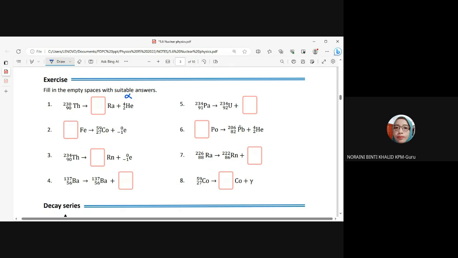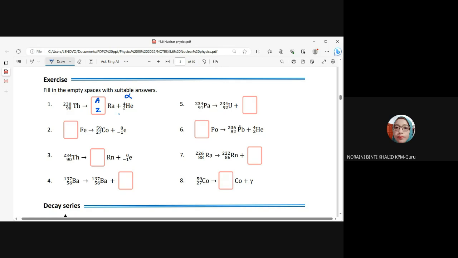So if you look at the new nuclear number and proton number, we can just balance, or you want to use the mathematical equation also can. Let's put A and Z for radium. Okay, we can check the nuclear number.